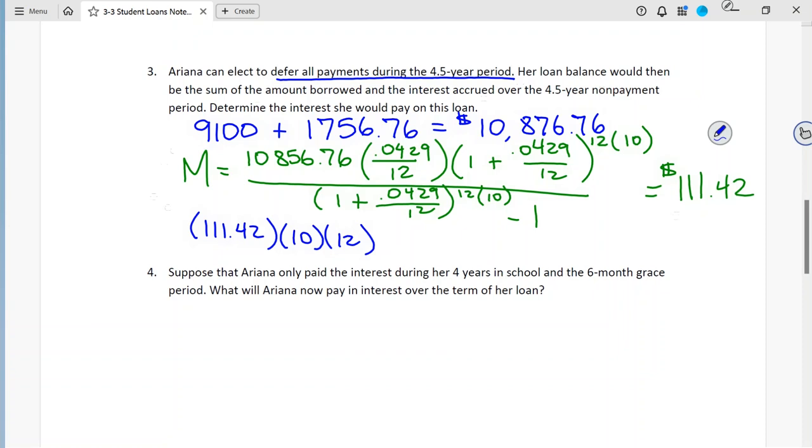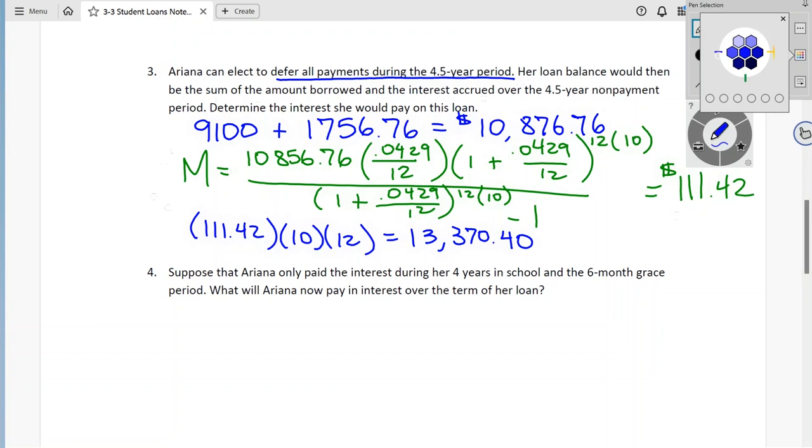So every single month for 10 years, she's paying 111.42. And so in total, she has paid 13,370.40. Okay, but not all of that is the interest that she paid.